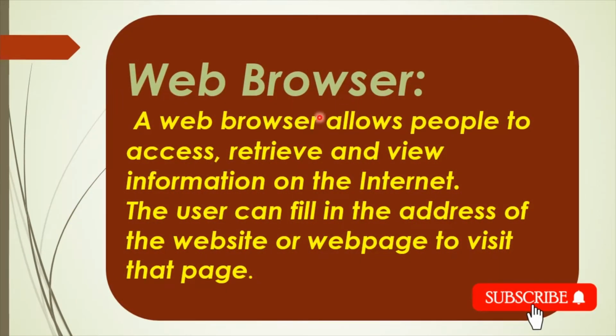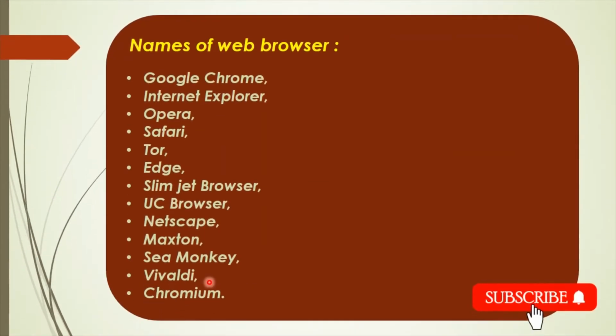Now we are going to see what is a web browser. A web browser allows people to access, retrieve and view information on the internet. The user can fill in the address of the website or web page to visit that page. This is called a web browser. Now, these are some names of web browsers. The first one is Google Chrome. Almost the maximum number of people are using this one. The next one is Internet Explorer.